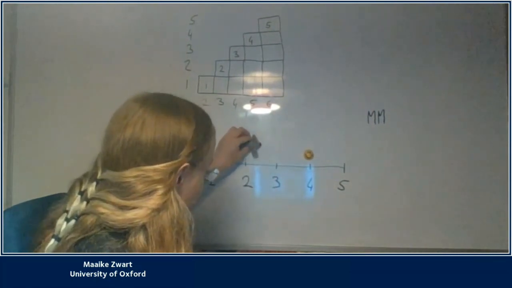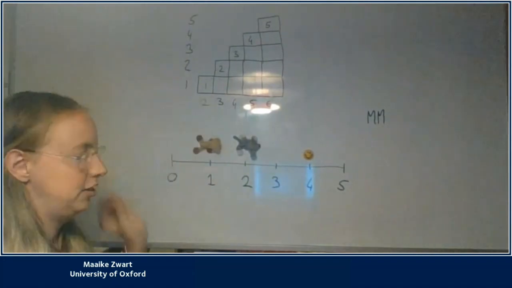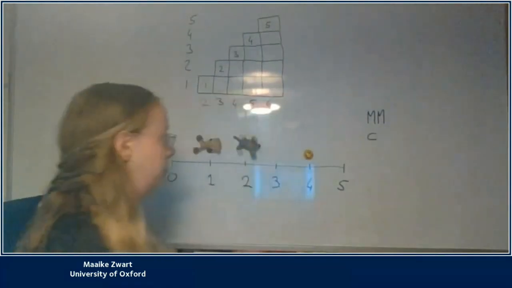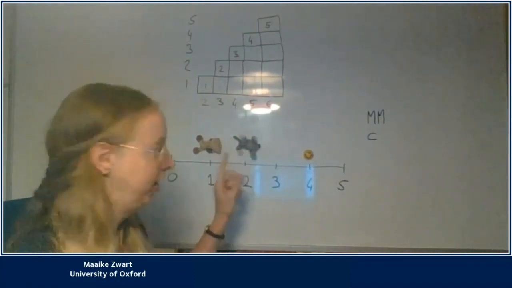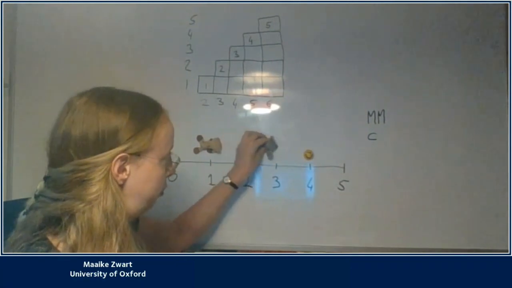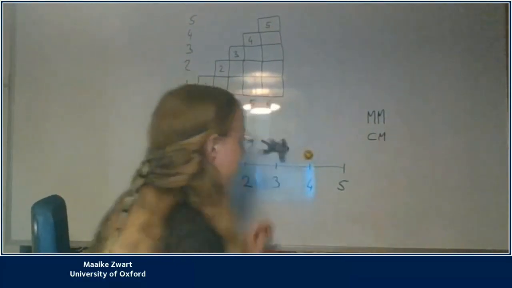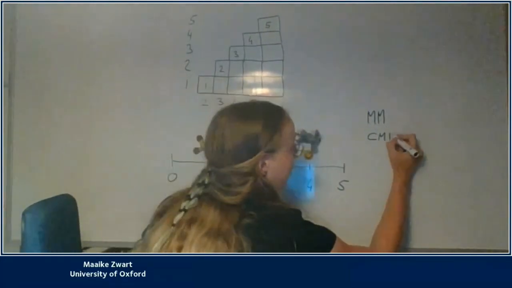But there are more possibilities, because we can have the cat moving 1 place first. We can start with the cat. But then the cat can't move again, because then it will catch the mouse. So the mouse now has to move once. And then if it moves twice, it wins again. So that gives us another game.